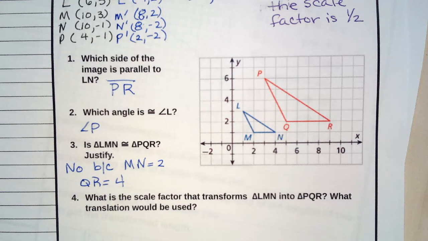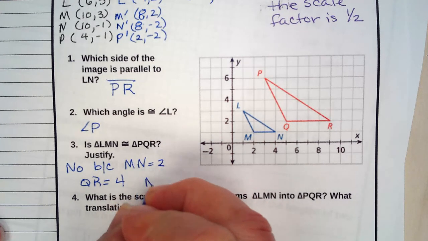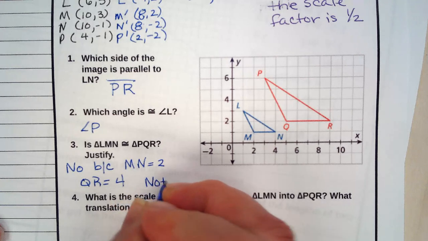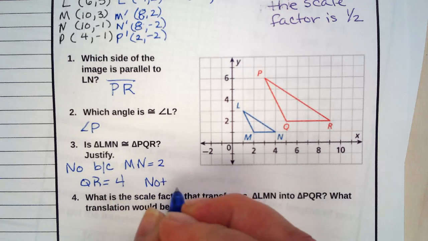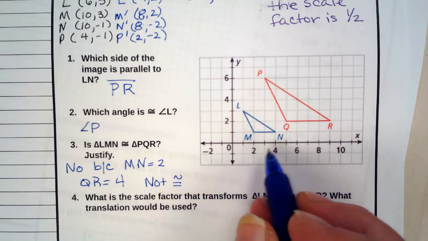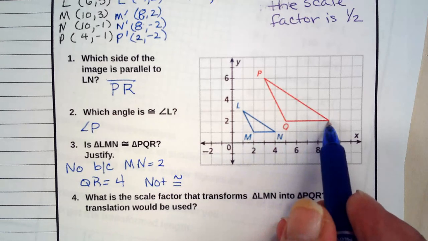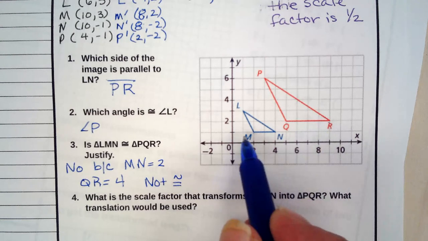Is it similar? So congruent means the same shape. But would it be similar? If I'm looking at this, this is 2, this is 4. That's multiplied by 2.